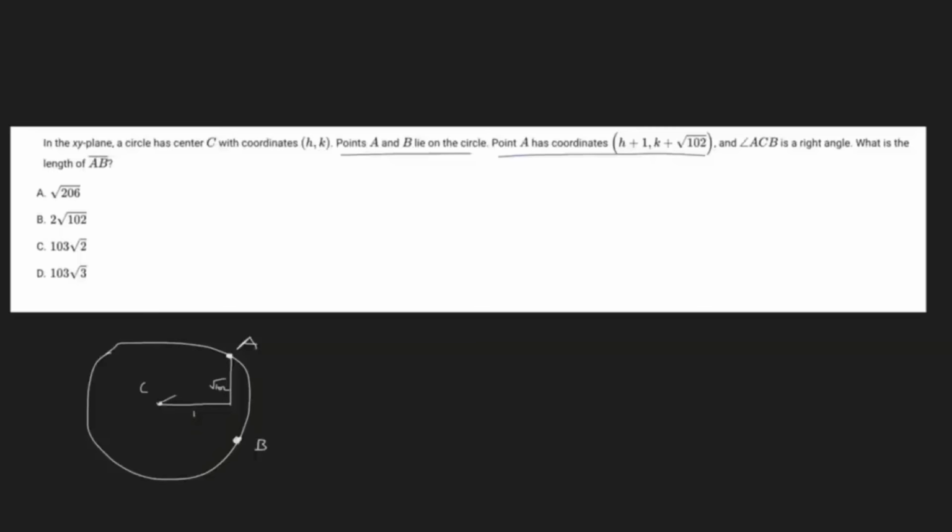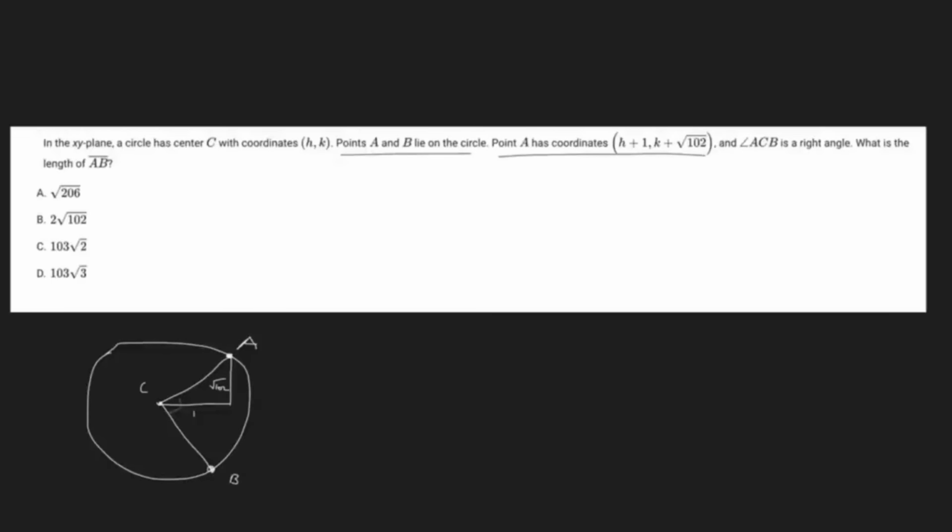A right angle would look like this, so I'm going to erase this over here. Oops, there goes our entire circle. There we go. Now I can draw B in. Okay, cool.